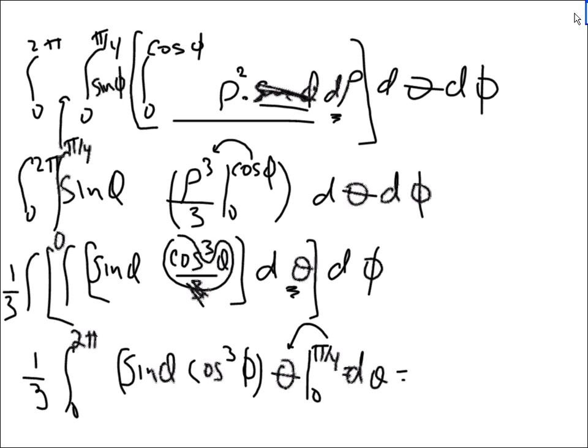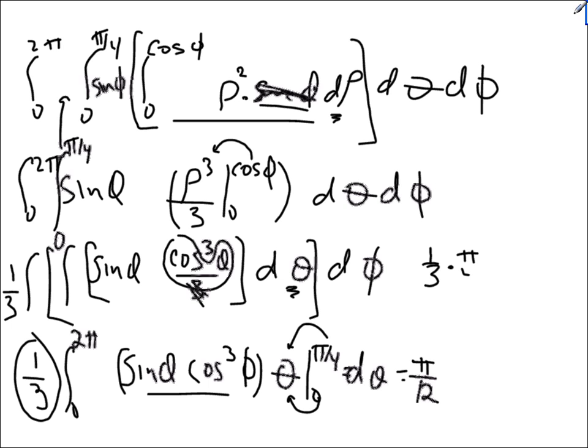When you plug in pi over 4, you get the constant times pi over 4 minus the constant times 0. That's just the constant times pi over 4. The pi over 4 I can bring all the way in front, and that becomes pi over 12. 1/3 times pi over 4 is pi over 12.